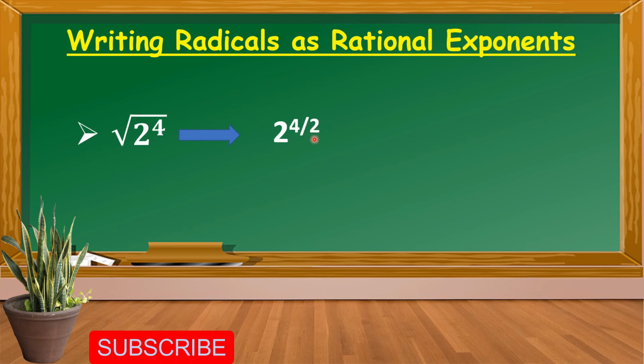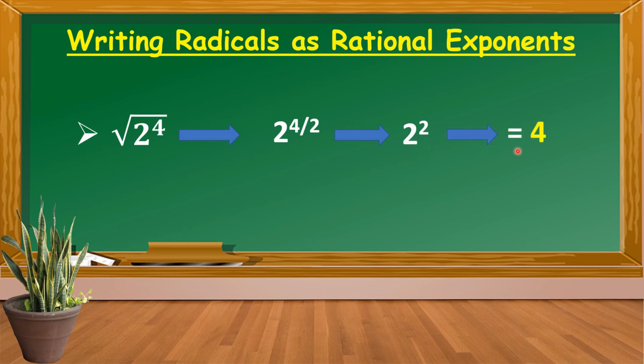Or we can simplify this 4 over 2, that is equal to 2 to the power of 2. Bakit 2 ang naging exponent natin? 4 divided by 2, that is 2. And 2 squared is equal to 4. So, we convert from radical to exponential and we have arrived this simplified form, which is 4.